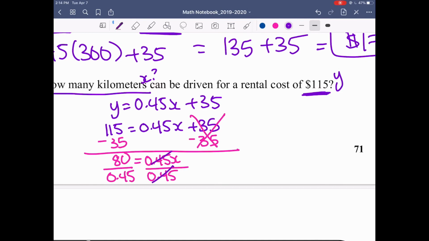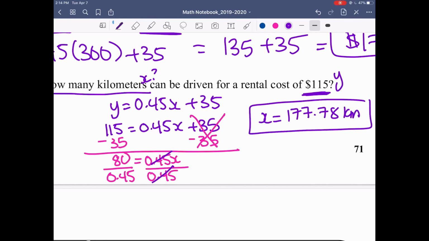These cancel. So x equals 80 divided by 0.45, which is 177.7777, so about 178 kilometers. So that's how many kilometers you need if you're spending $115.